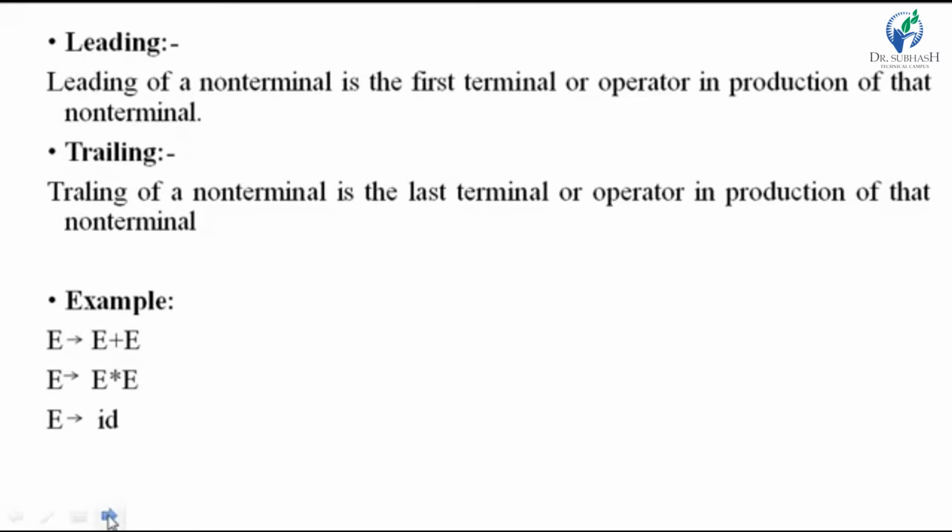Leading means first terminal or operator, while trailing means last terminal or operator. For example, you have the grammar E gives E plus E, E gives E star E, and E gives ID. So first find leading and trailing of E.